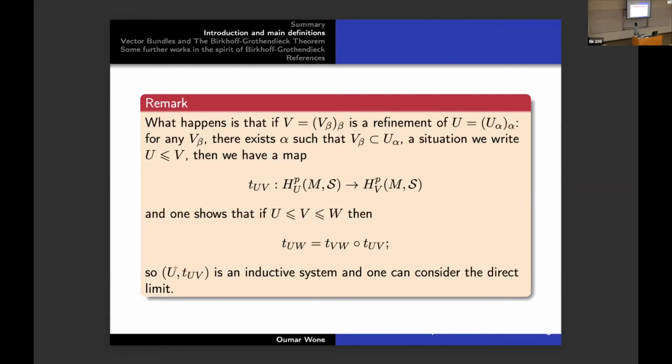And this says exactly that the T_UV form an inductive system, and we can consider the direct limit.